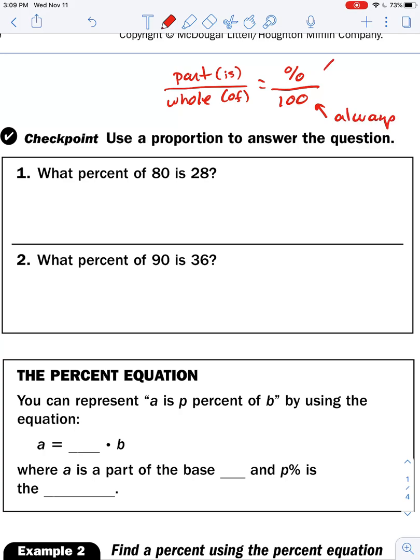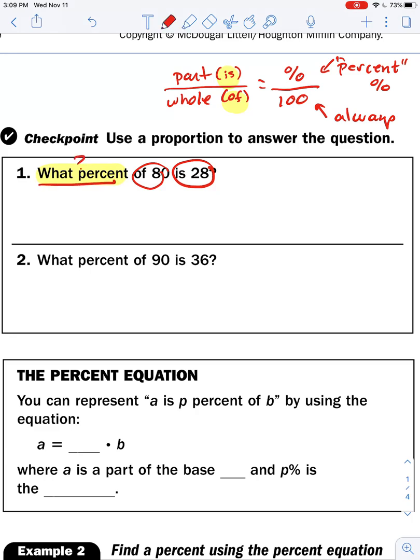So that part is always going to be 100. And then this part, you're going to see on the problem that it says percent. It says percent when it's talking about that number, or you will literally see that symbol. So as I read this, what the question is, what percent, here it comes, of 80 is 28?